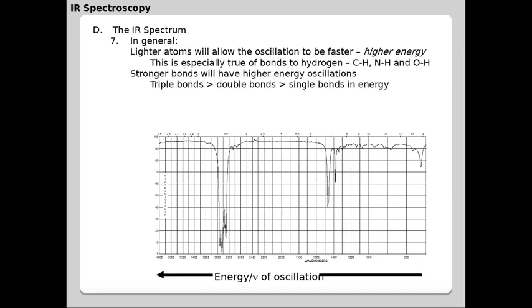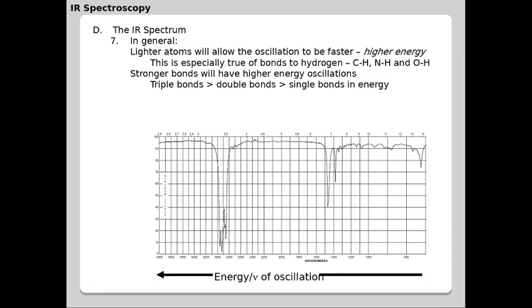Okay, so this means that lighter atoms will facilitate a high frequency oscillation or higher energy vibrational motion, right? Because when lighter atoms are involved in forming a chemical bond, the reduced mass of the nuclei that form the bond decreases.